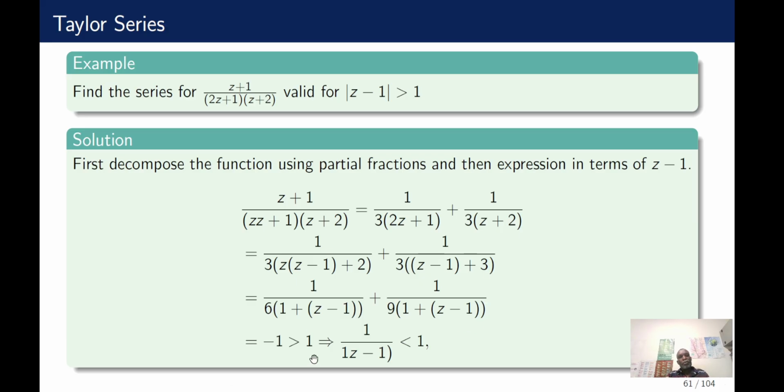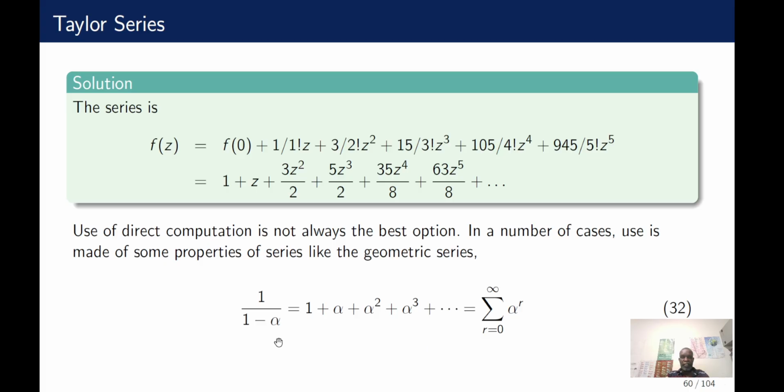So now what we want is to write this again in a form such that the geometric series converges here. The modulus of the ratio, of alpha, should be less than 1.